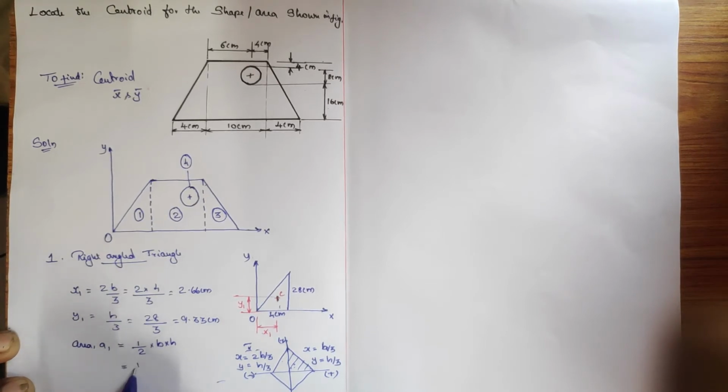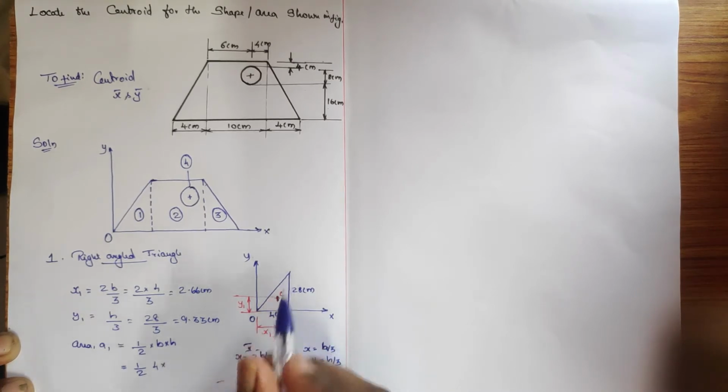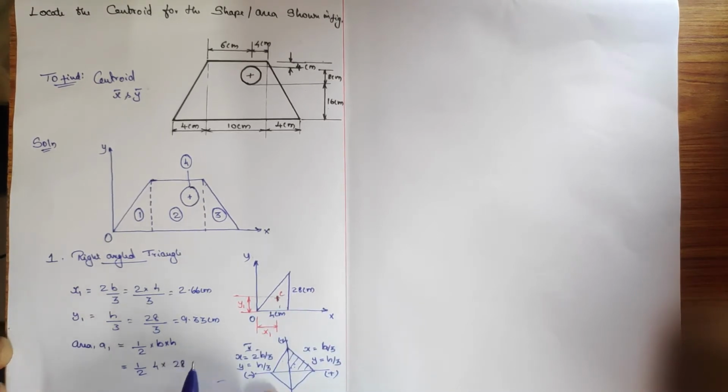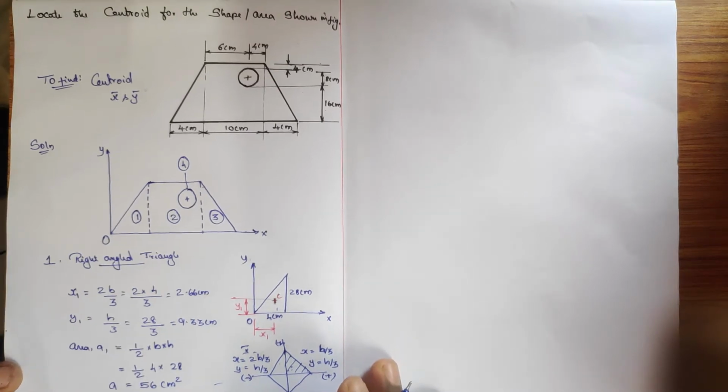So 1 by 2, b which is 4 and h which is 28, so the area will be 56 centimeter square. Area as a unit is centimeter square.